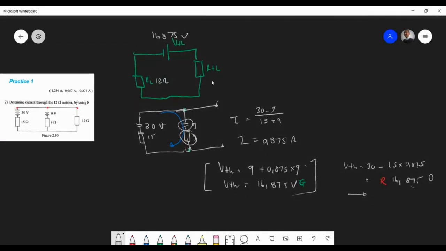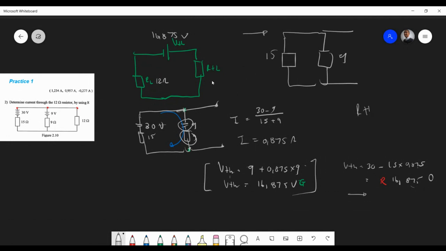Let's find the Thevenin resistance. So remember, we remove all the sources now, right? So it looks like this. 15 and a 9, and we have to go this way. So this should be easy.